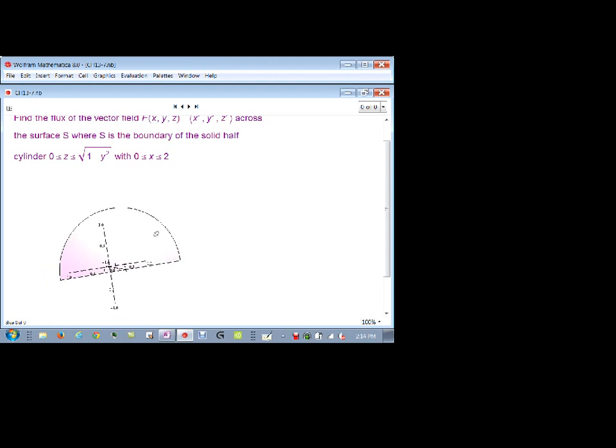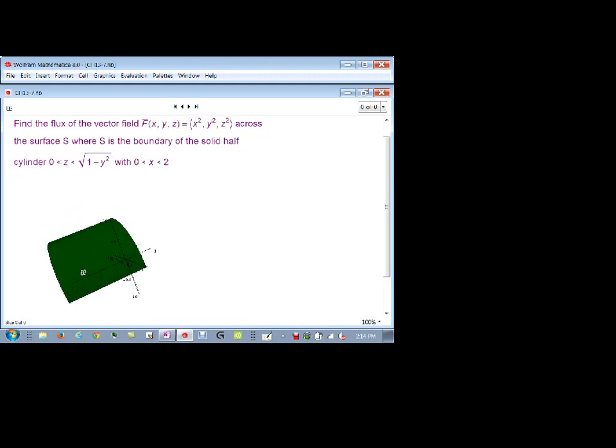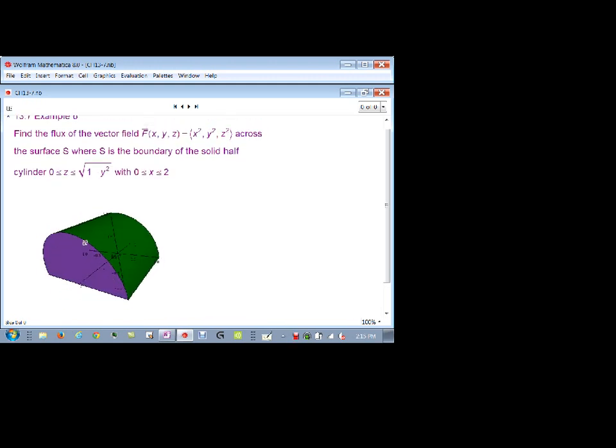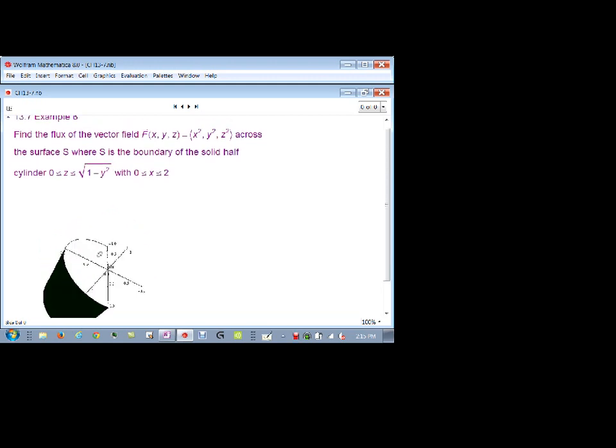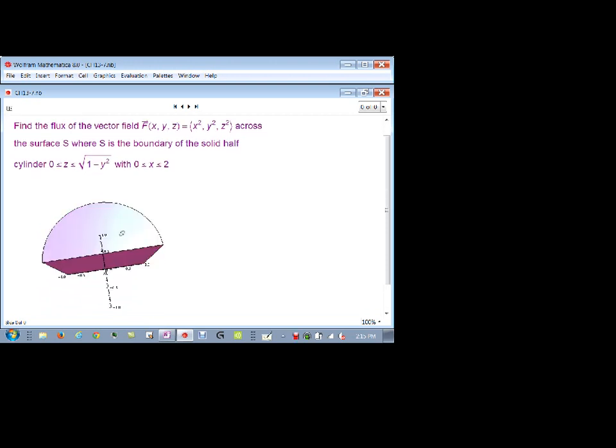It's been cut in half, right? This green part is governed by this square root, basically. This front part, your x value out there is 2. So it's like a half circle, x value 2. The back part of it, half circle, x value 0. Bottom of this thing is a rectangle, right?